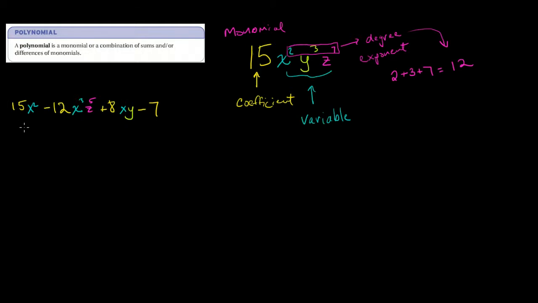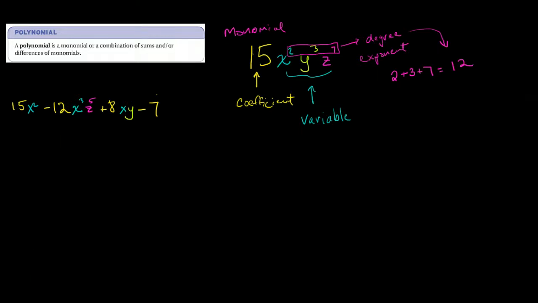If we were just looking at these two terms, it would be a binomial. Three terms would be a trinomial. Here we have four terms, and that's good enough just to call a polynomial. Monomial, binomial, trinomial, those are all different kinds of polynomial. So let's take a look at different parts here.